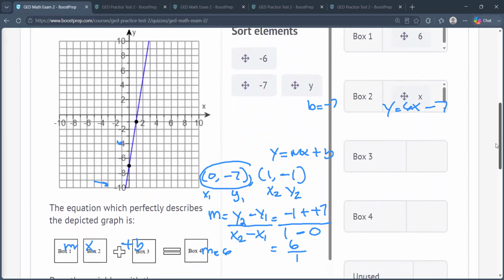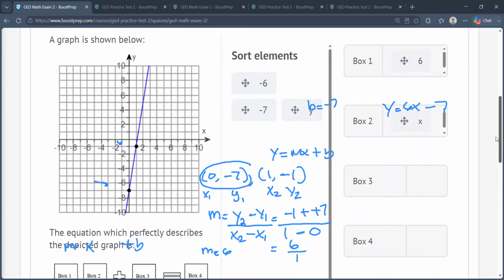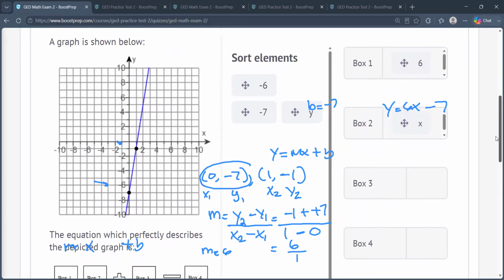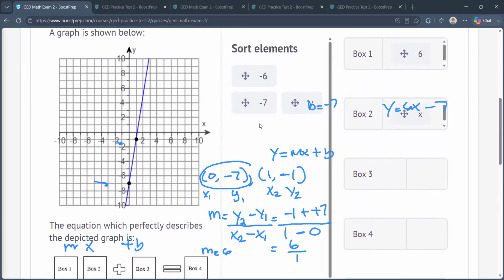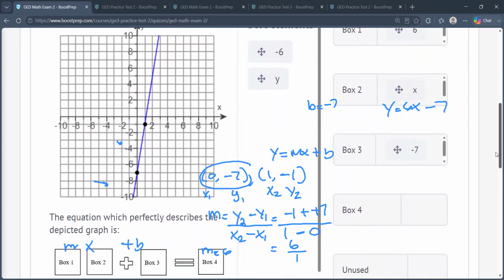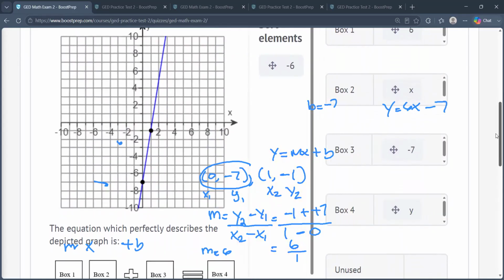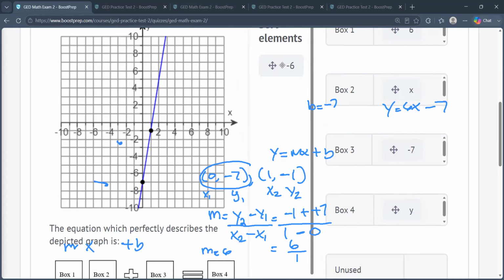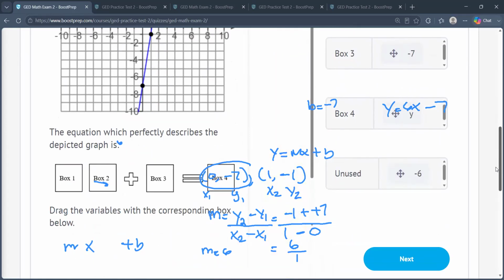Oh, no, I didn't. 6x minus 7 equals. I think because it says equals to m box 4, we have to put y here. And then we did not use negative 6 in any way, right? Okay, there you go.